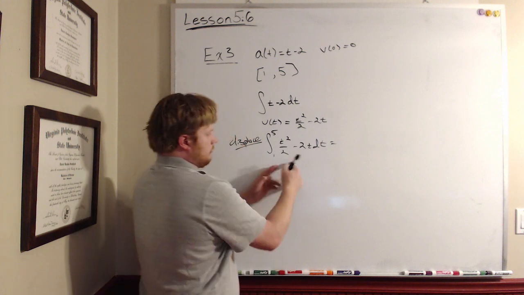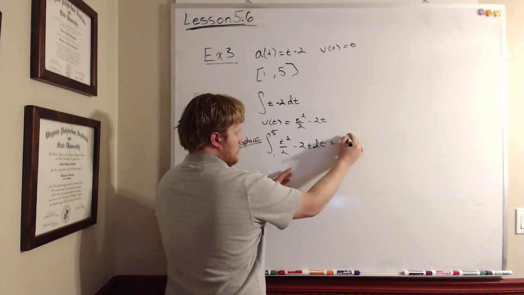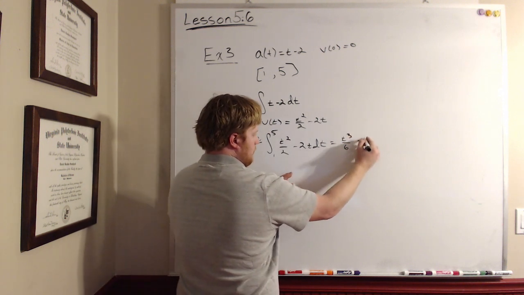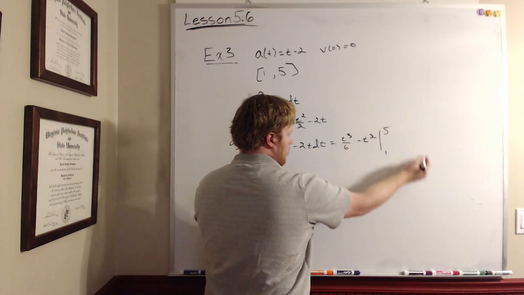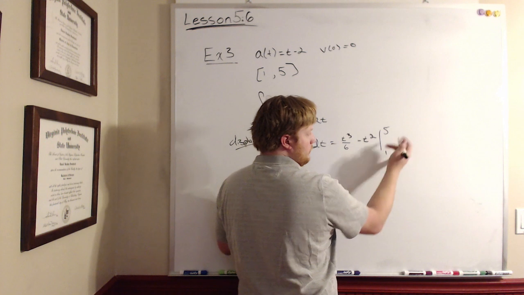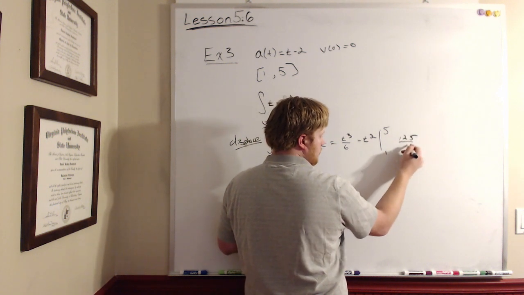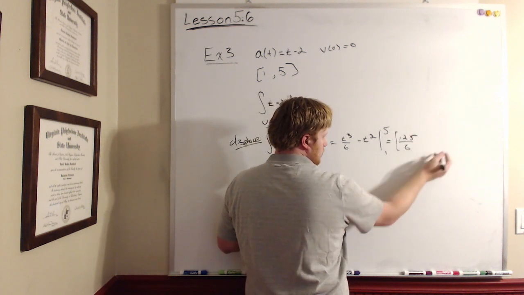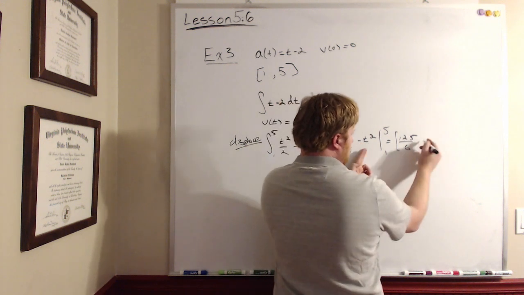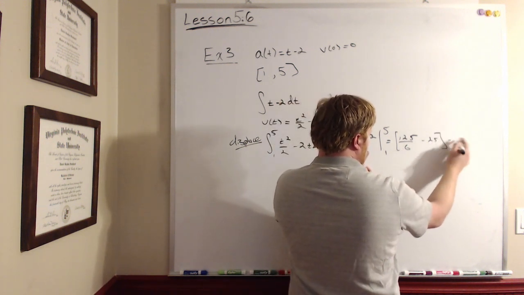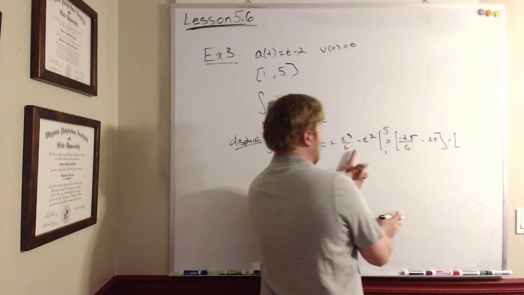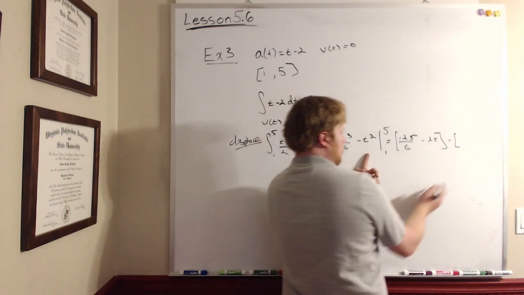Okay, so this will be t cubed over 6 minus t squared, evaluated from 1 to 5, and that's going to be 5 cubed is 125 over 6, right? Minus 5 squared is 25, minus 1/6 minus 1.